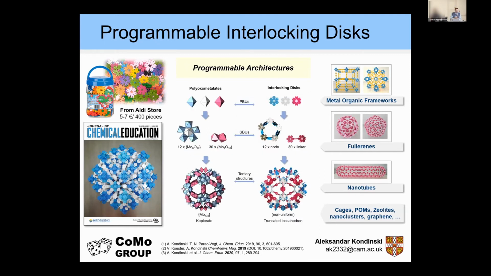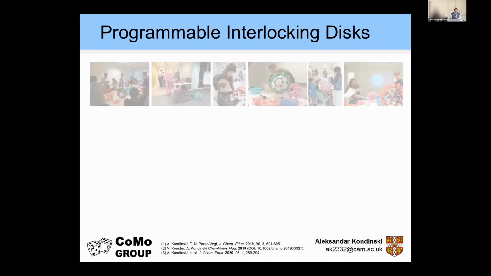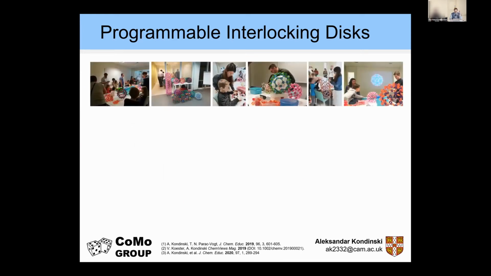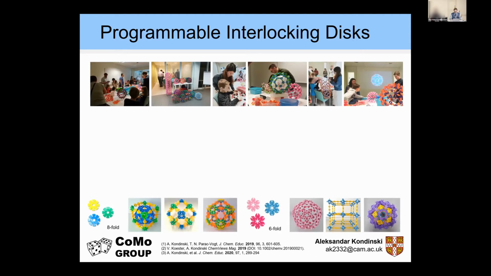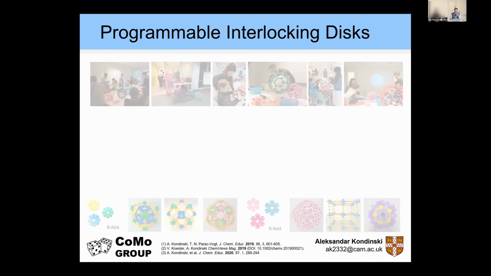This was originally inspired by polyoxometalate chemistry, and we have a lot of those types of structure models that have been derived. Now, the good point about the programmable interlocking disk is, first, children love it. We create a lot of structures, but what we learn, point number one, especially when children use it, is that they are able to discover polyhedral topologies without mathematical pre-knowledge.